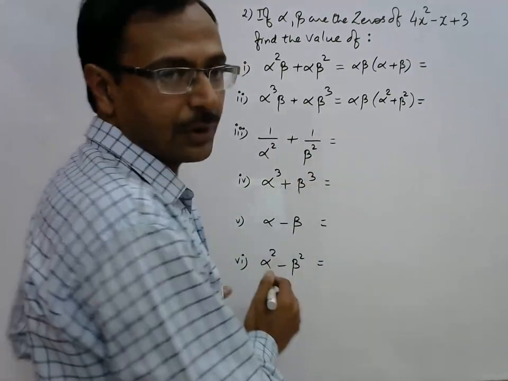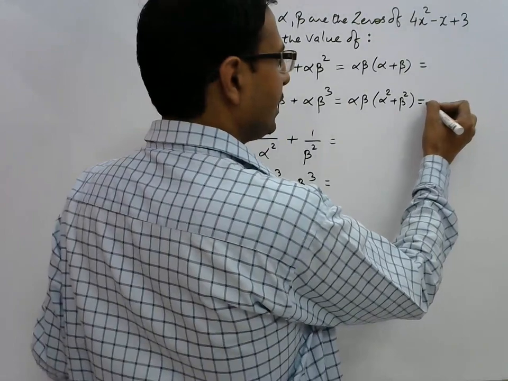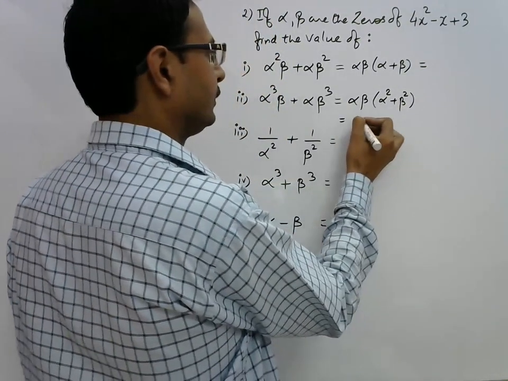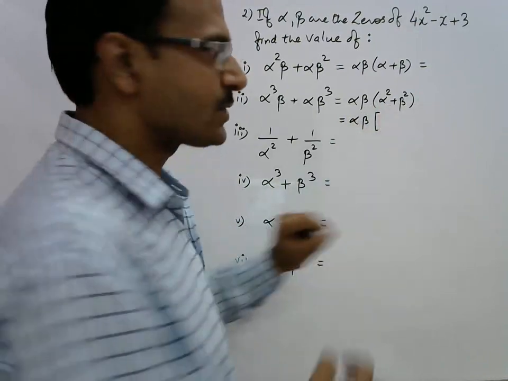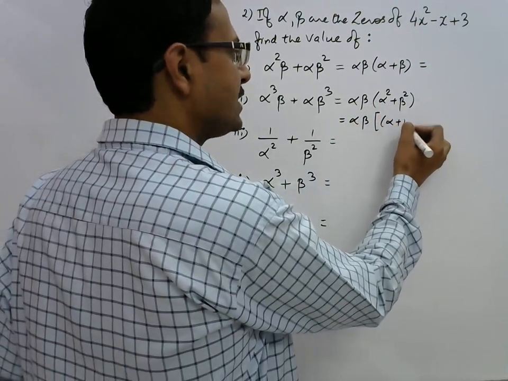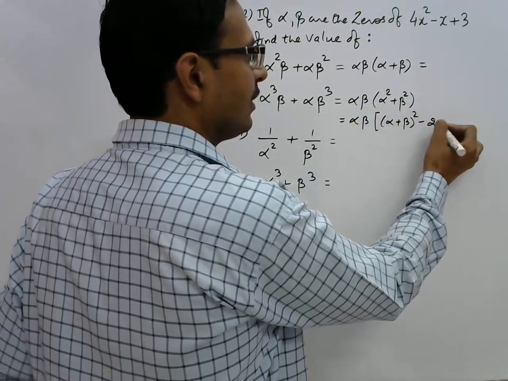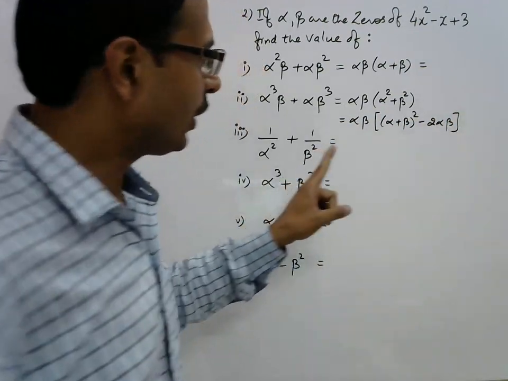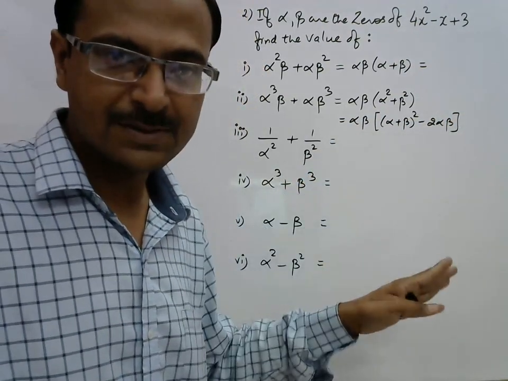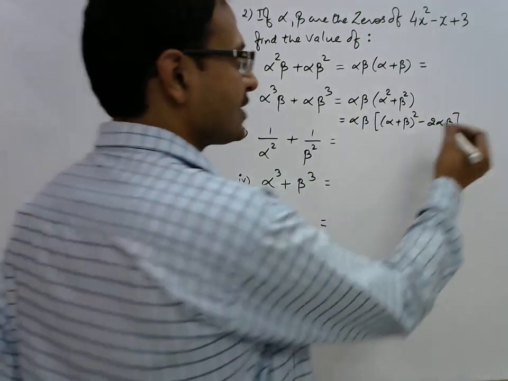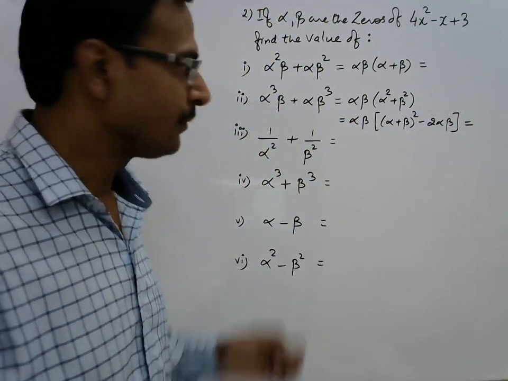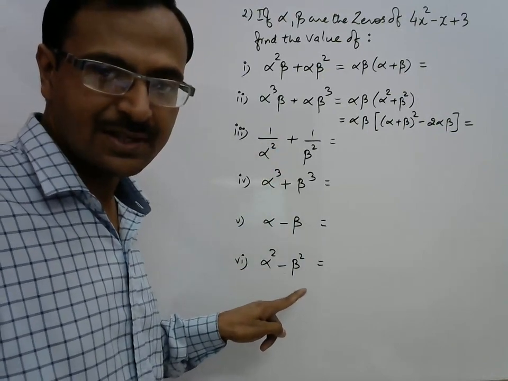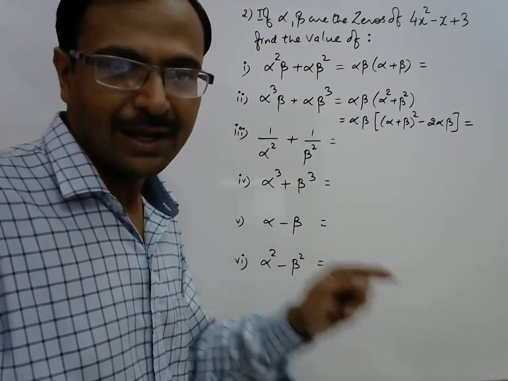So here what you need to do is to write alpha beta and then write the formula for alpha square plus beta square. This is alpha plus beta whole square minus 2 alpha beta. And here we go. Now we have converted everything into alpha plus beta and alpha beta. Now you can substitute the values. I am just giving you hints how to convert all these expressions in the form of alpha plus beta and alpha beta.